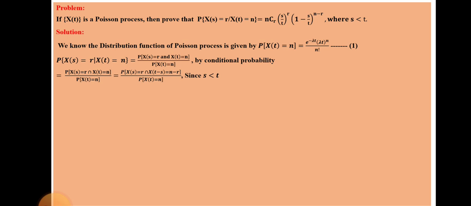So the probability of X(s) equal to r intersection X(t) equal to n, divided by the probability of X(t) equal to n.